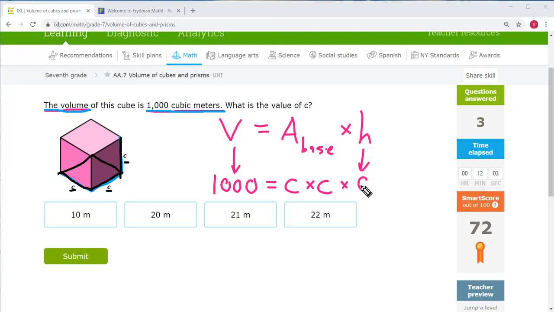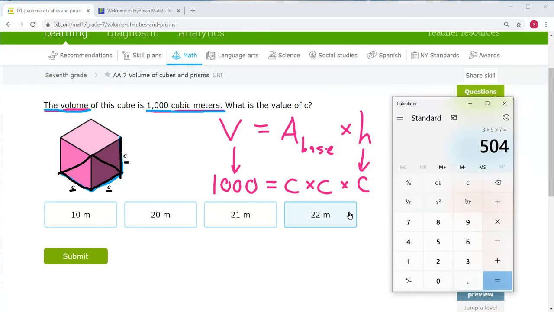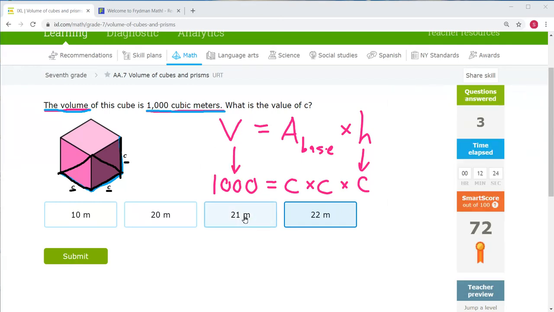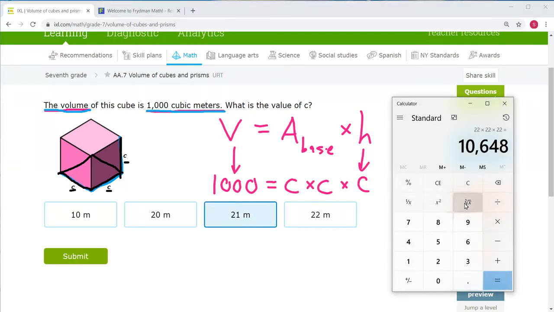So now we have to think to ourselves, what number, if we multiply it with itself 3 times, gives us 1,000? Maybe is it 22? Let's try. 22 times 22 times 22 is not equal to 1,000. No, that's no good. Let's try 21. 21 times 21 times 21.